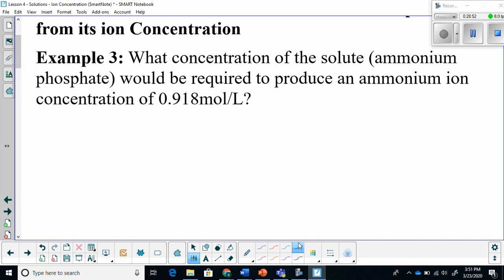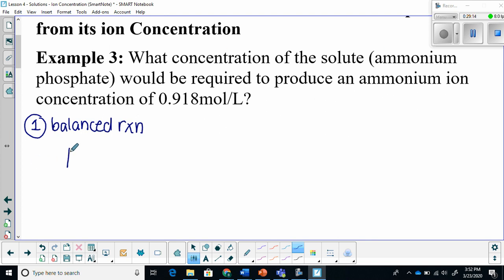Just going to grab a color here. So, first step, balanced reaction. It's going to be a dissociation reaction. The solute is going to dissociate. The solute is ammonium phosphate.